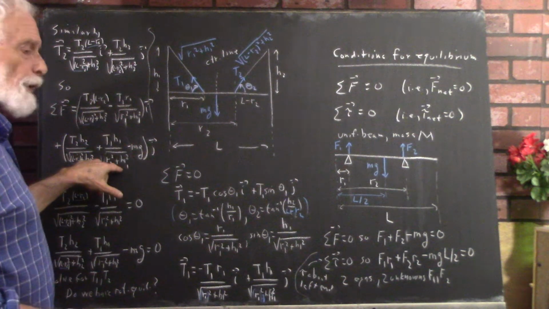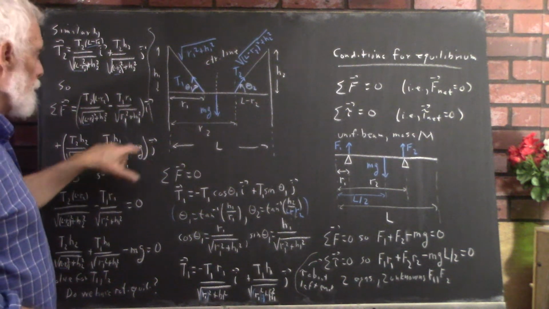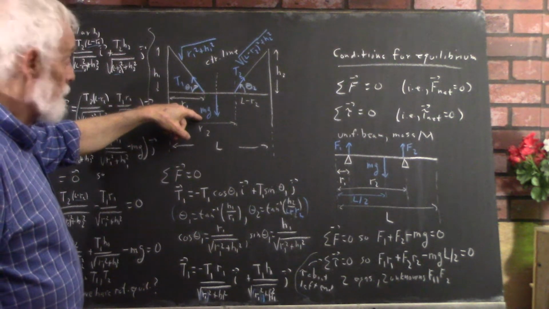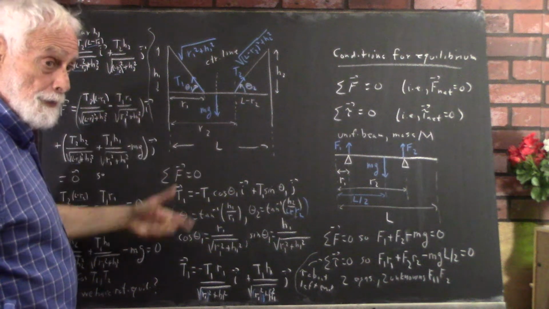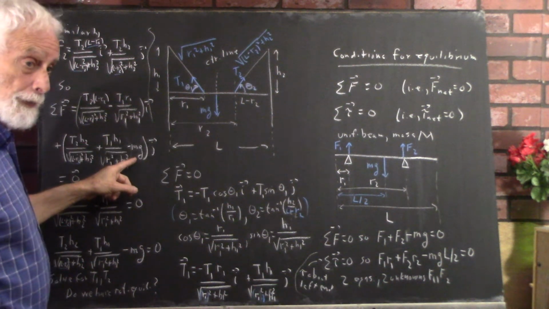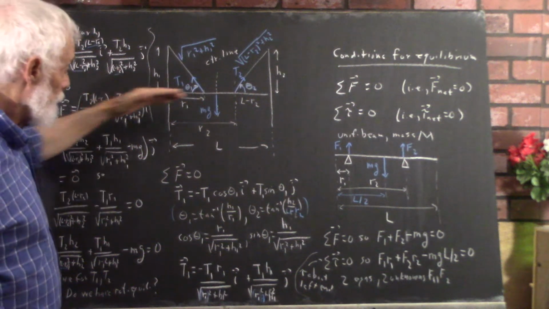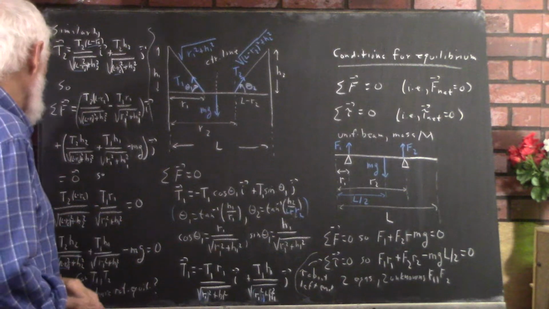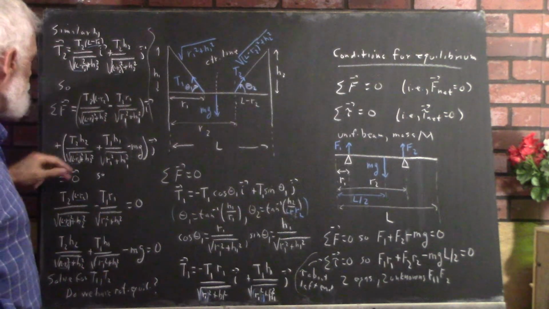So those are the J components of our tensions. We also have a negative mg times J for the weight force exerted by gravity. Now gravity doesn't exert any force in the x direction, so that term doesn't appear here. Okay, well then all this adds up to 0.